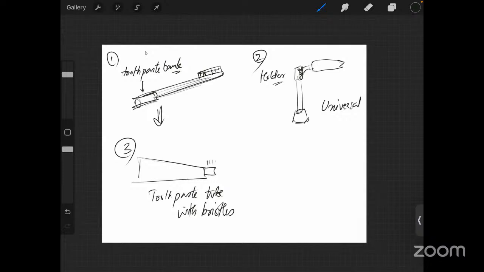But the catch here is that holders are already there in the market as well. So it's a simple solution. We can go either way. You can go very universal, solving it through this, or to keep it a bit cooler, you can do this as well.